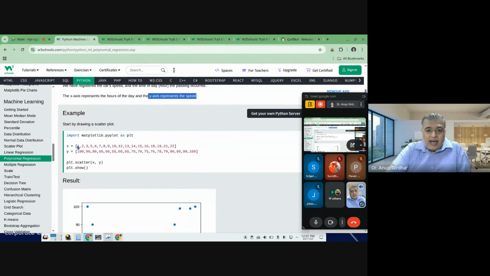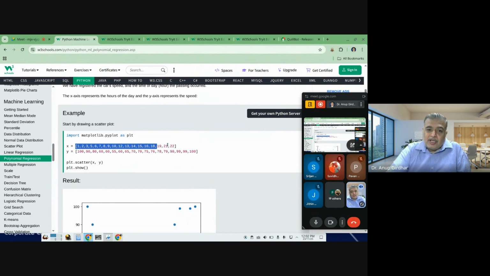Say at 1 a.m., midnight, the speed of the car is 100, and accordingly it varies. You can find values for the various times. The x-axis is your hours, and the y-axis is the speed.